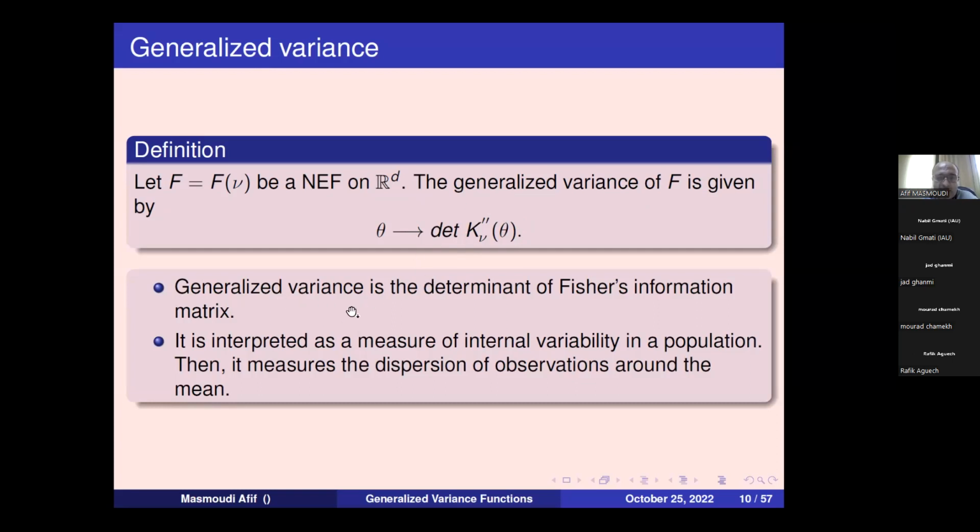So the generalized variance is also the determinant of Fisher's information matrix. It is interpreted as a measure of internal variability in a population. Then it measures the dispersion of observations around the mean.